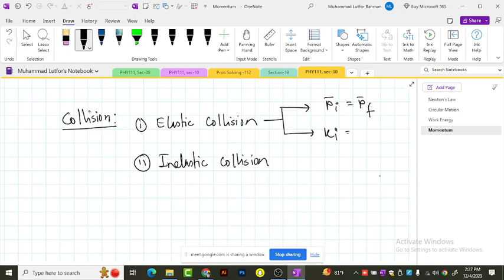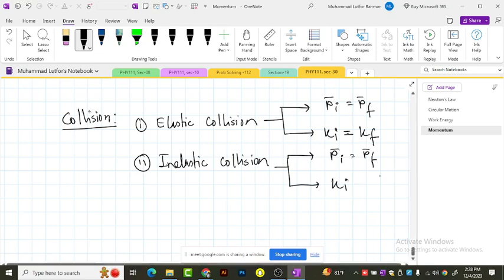That's the difference. In an elastic collision both momentum and kinetic energy are conserved, so there is no loss of energy from the system, whereas in an inelastic collision the momentum is conserved but the kinetic energy is not.